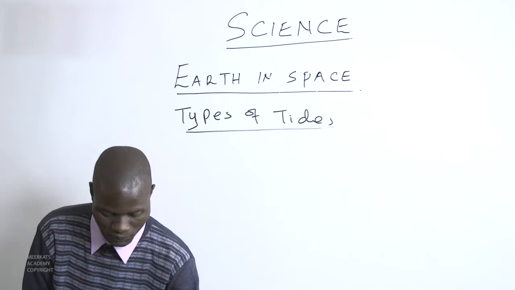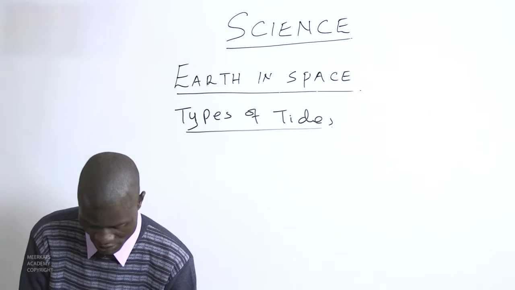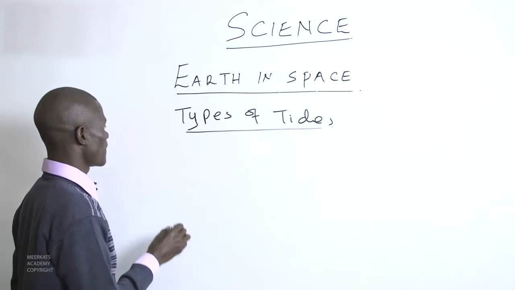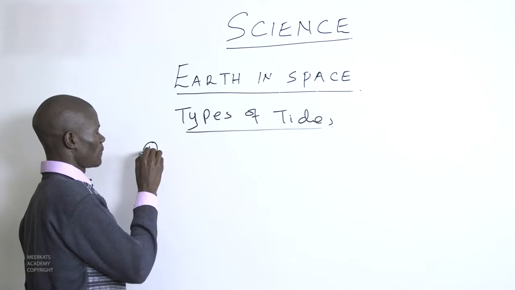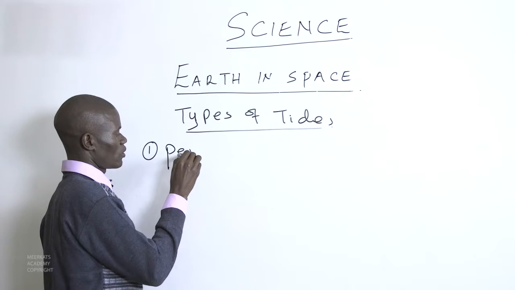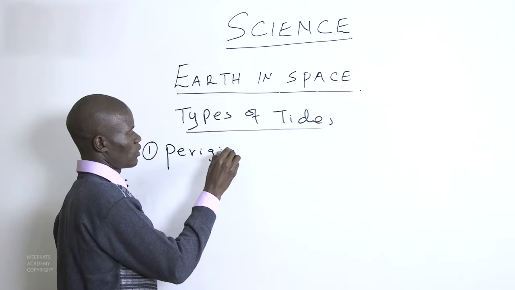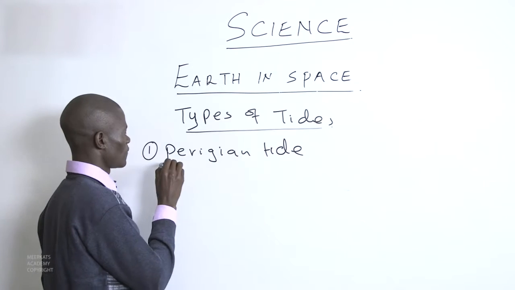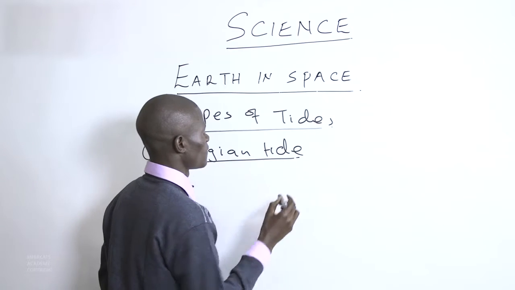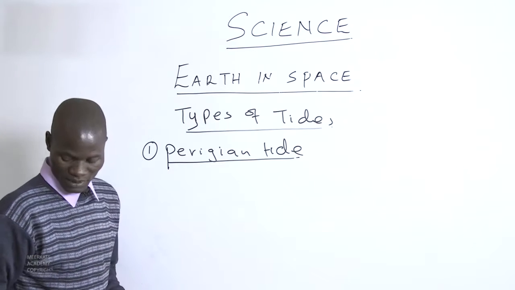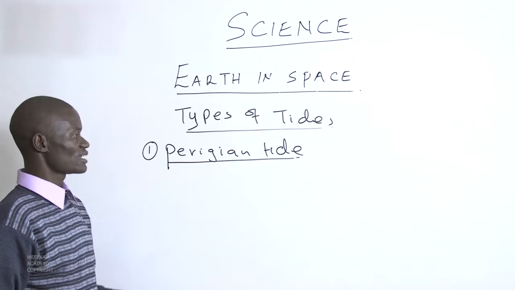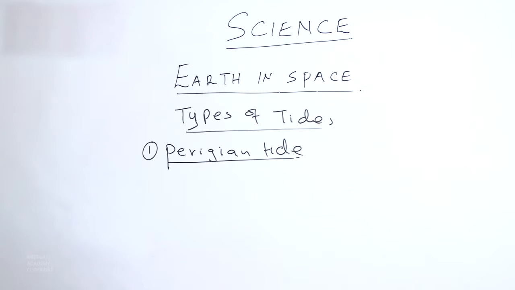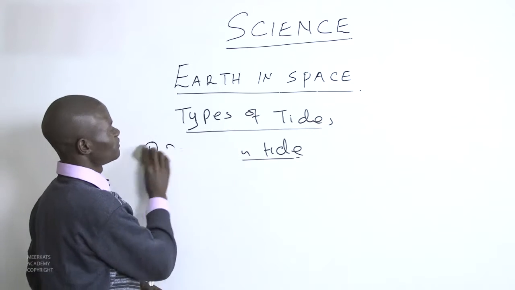And one we have been able to look at is what we call the Perigean Tide. I'll demonstrate it using a diagram so that we'll be able to understand much better.